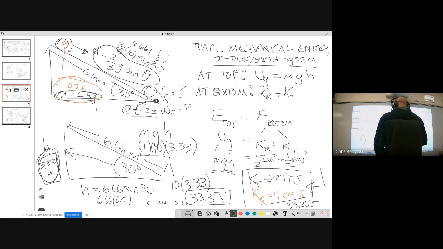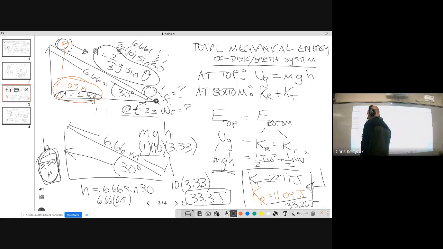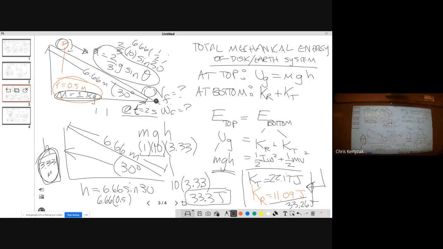So if you know the linear speed at any given moment, just use v equals r omega. If you know v at any moment and you know r is always r, then you can calculate omega at any moment. As soon as you know omega at any moment, in this particular case, it was the bottom of the ramp, then you could actually work out what the kinetic energy is, the rotational kinetic energy, 1/2 I omega squared. I is easy. For the disk, it was 1/2 mr squared. That's an easy calculation.